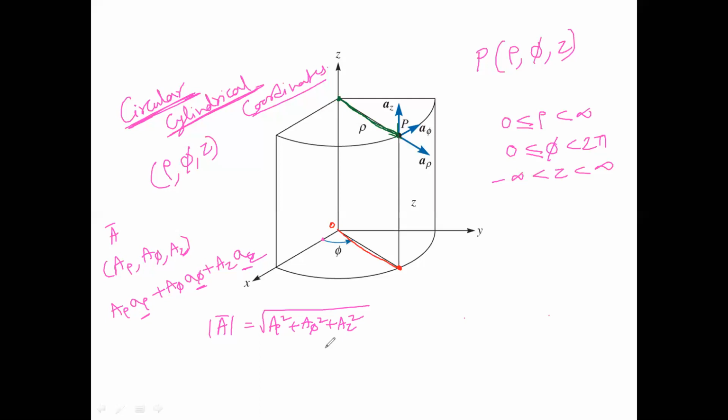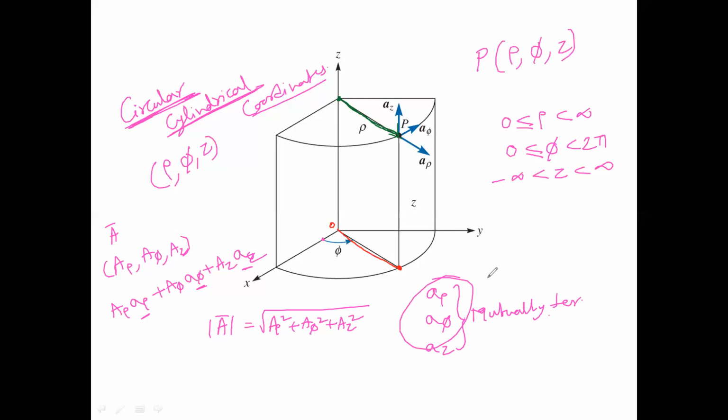Here we can see the unit vectors a rho, a phi, a z. All three unit vectors are mutually perpendicular. In the initial concept of the coordinate systems, it is mentioned that all the systems described in this video belong to orthogonal systems.